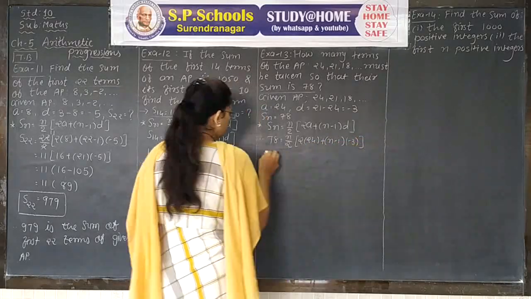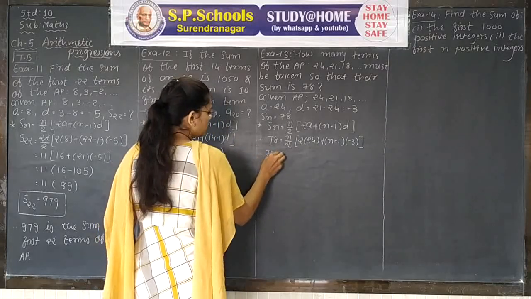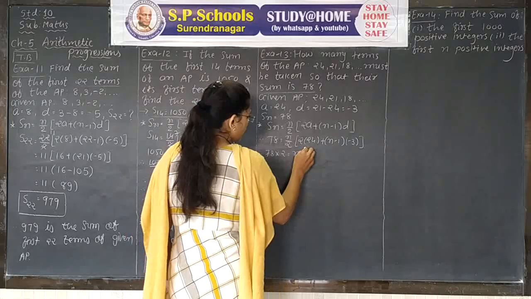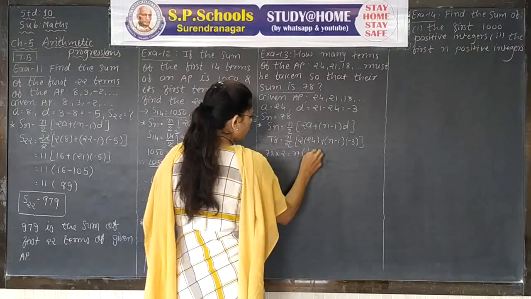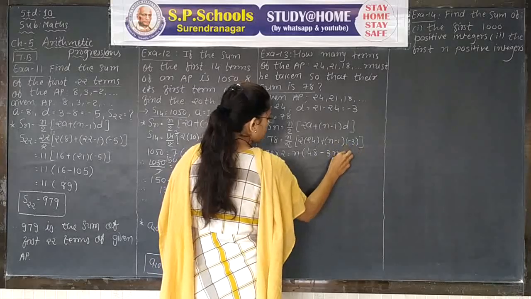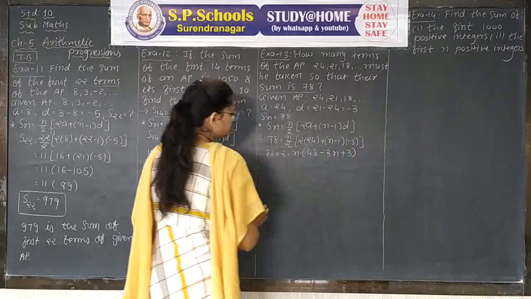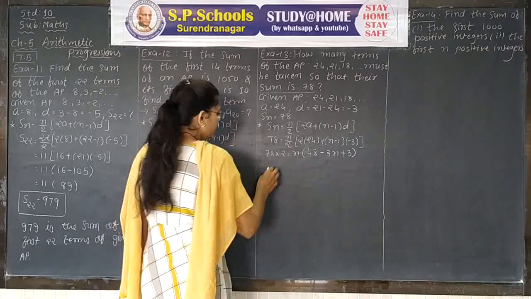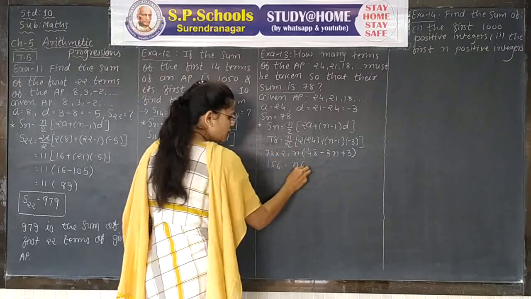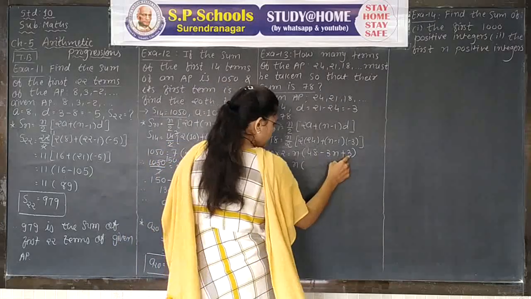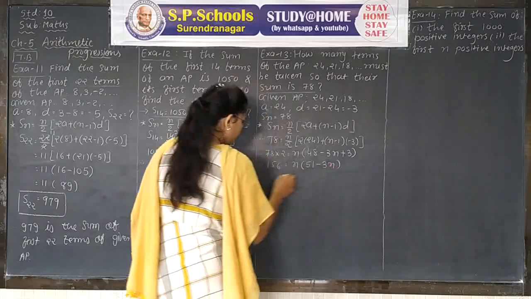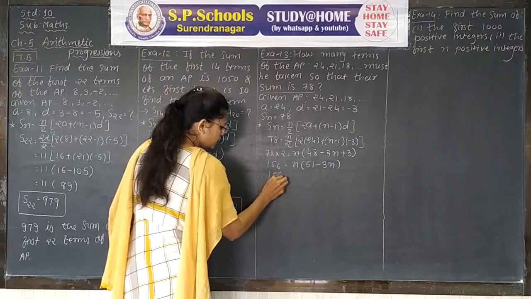78 multiplied with 2 is equal to n remains as it is into bracket 24, 2s are 48, plus minus minus 3n, minus minus plus 3. 78, 2s are 156, n remains as it is, 48 plus 3, 51 minus 3n, is equal to 156 as it is.